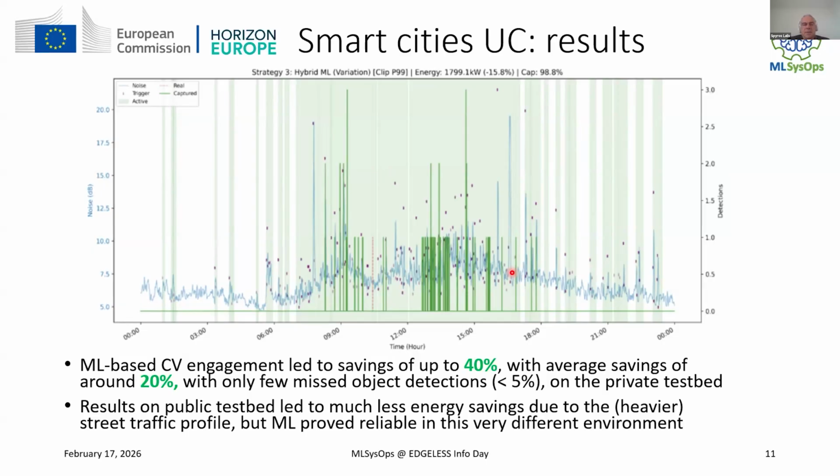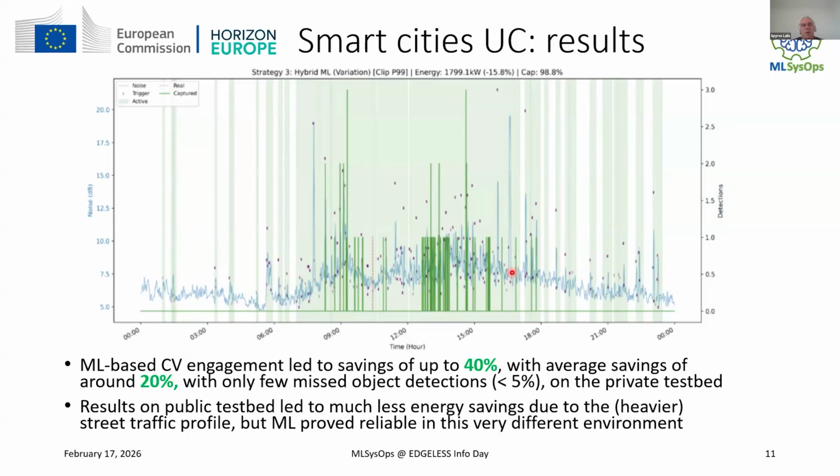If you are in a street that has occasionally very low traffic, this will save you a lot of energy without missing out any important events. But if you are in a busy street, such as in the public testbed, then you have almost always some traffic going on. So the machine learning will not help, but it will also not lead to any bad decisions.